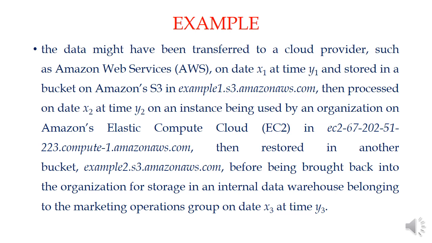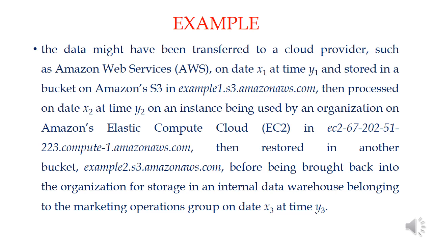For example, data might be transferred to a cloud provider such as AWS on date X1 at time Y1 and stored in a bucket on Amazon S3, with the file name example1.s3.amazonaws.com.